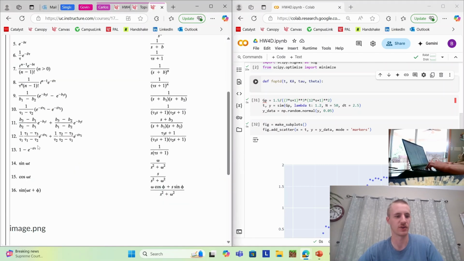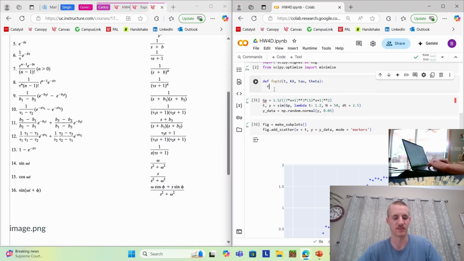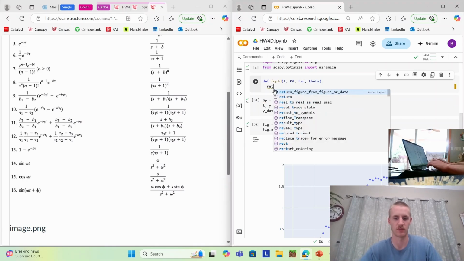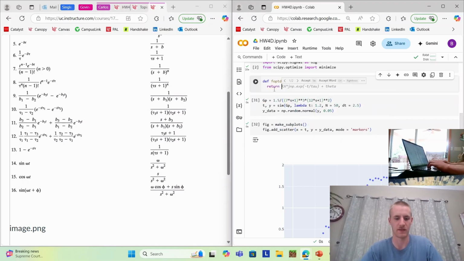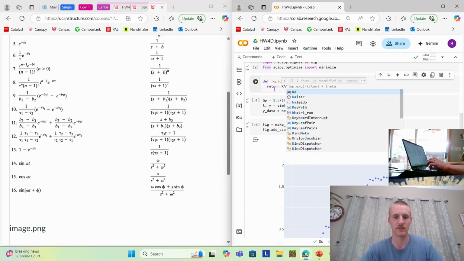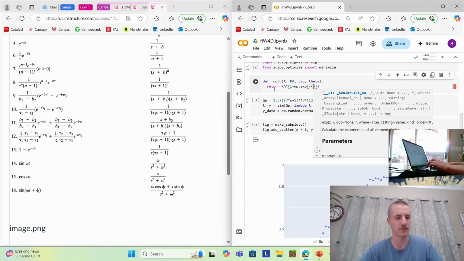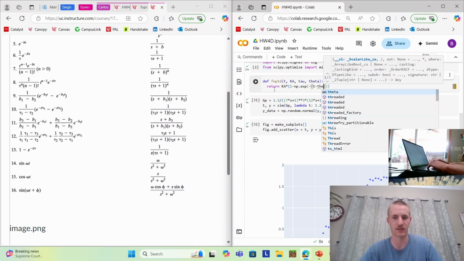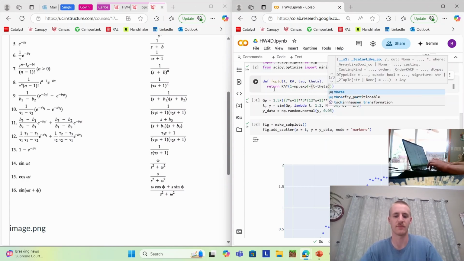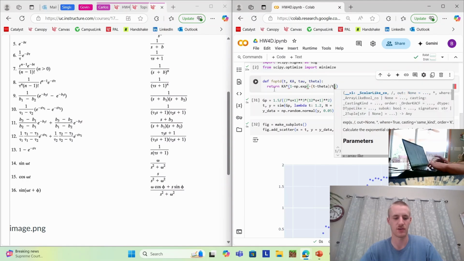And then we are going to use this here. So 1 over s times tau s plus 1, that's the Laplace form of a step change. So we'll return Ka times 1 minus np.exp of negative of t minus theta, so time minus our time shift, over tau.